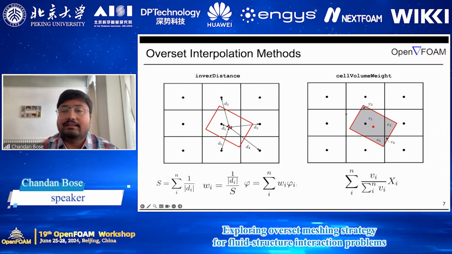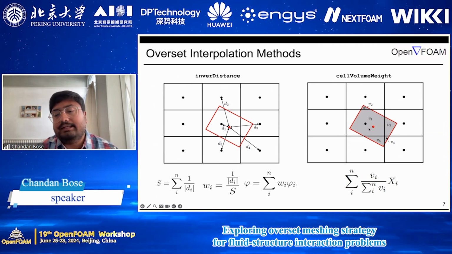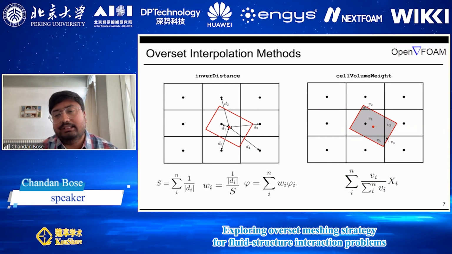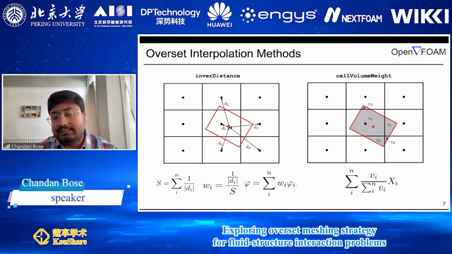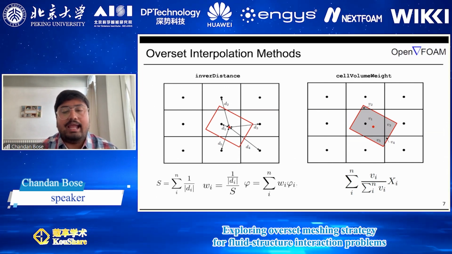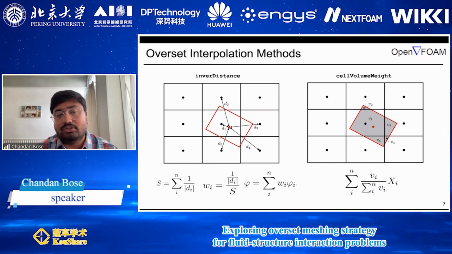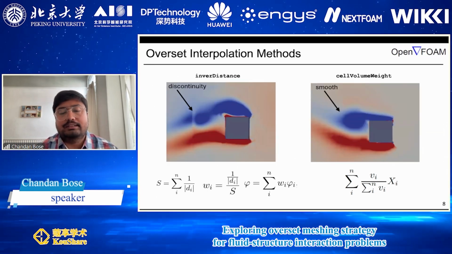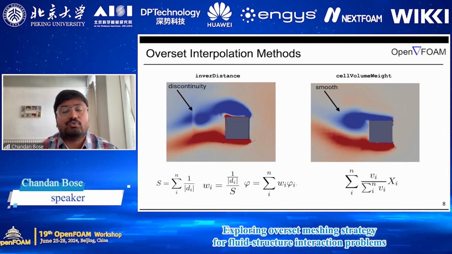On the other hand, the cell volume weight takes the weighted volume average of the neighboring stencil cells. And we will see, for an example, which one gives us better resolution of the unsteady flow fields that we want to capture. You can see here a flow field around a moving square cylinder.